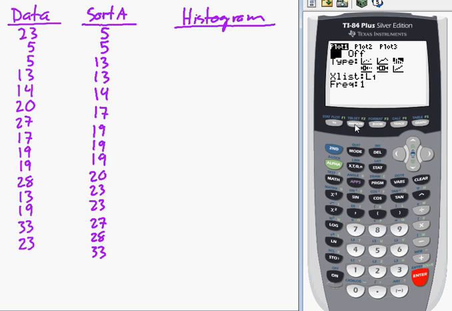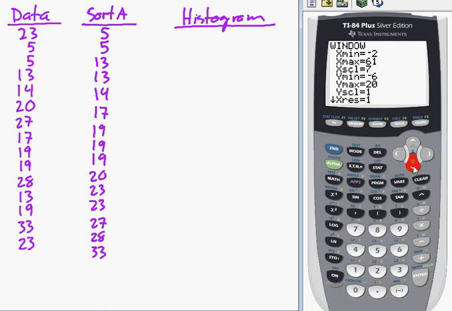Now, what's going to be very important is the window settings. Having been the one to generate this data, I know what the intervals are going to be to show this well. I think if we do this maximum up to 30, and the interval is going to be 6.